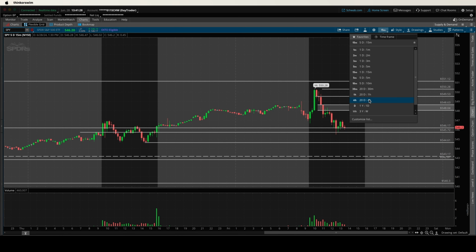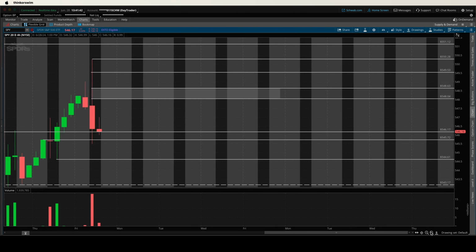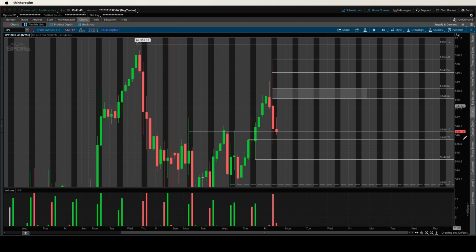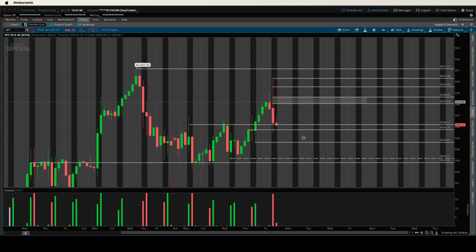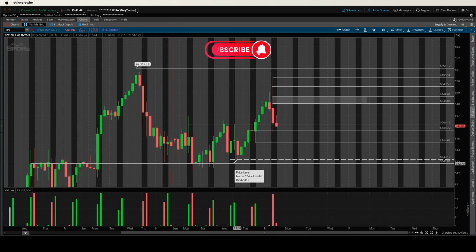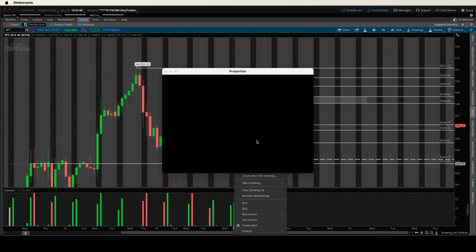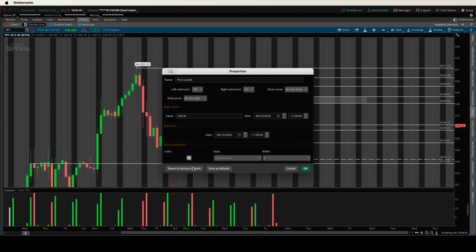I'd say that if we were to break, we would retest that major area of support, but let's see what actually happens, right? But that's a little bit about how I do my charts and find my levels every day.